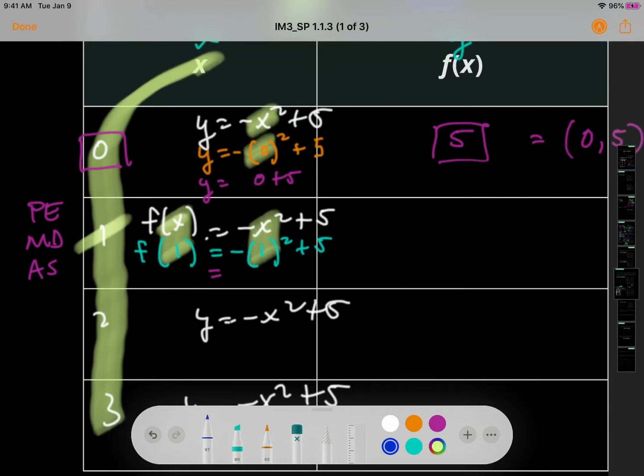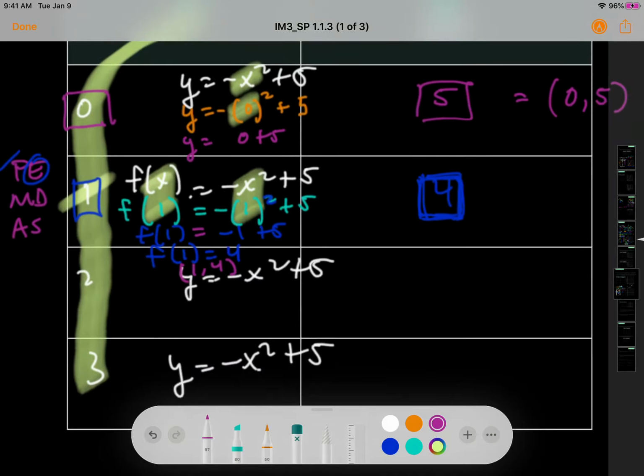So we're trying to do exponents first, right? So that's 1 to the power of 2 is 1. And the opposite of positive 1 is negative 1. So I get negative 1 plus 5. And negative 1 plus 5 is 4. So this is your function notation. F of 1 equals 4. When x is 1, f of x, or the y value, or the output, is 4. So that's just a fancy ordered pair of 1, 4.